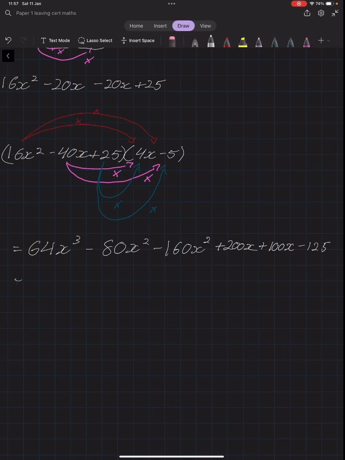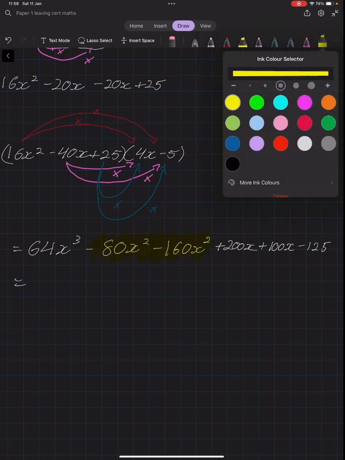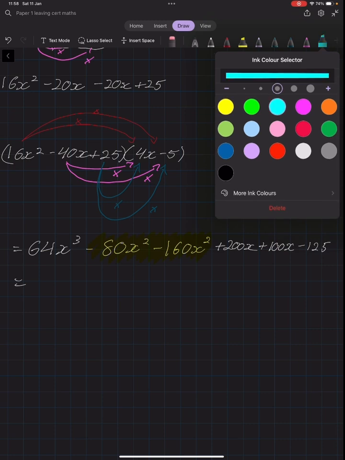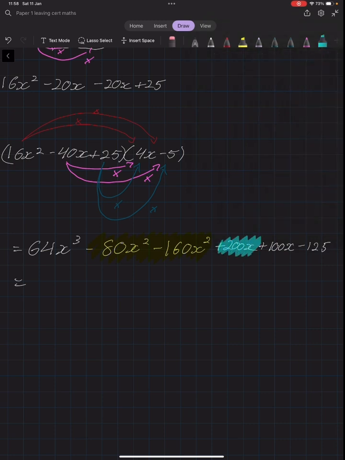And then again, I can group terms. The two terms with x squareds, and these terms here all have x's. So now I can just group terms.